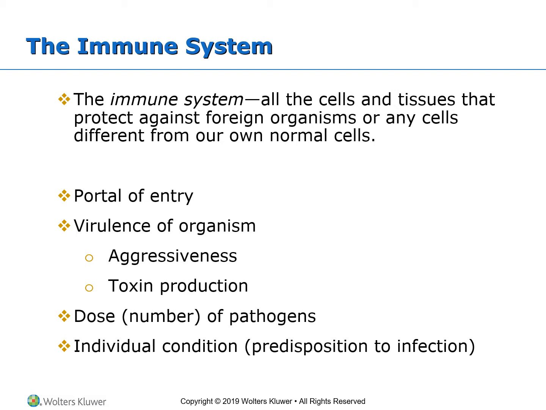Another element that is essential for understanding infections and the development of them is what we call the virulence of an organism, or the power of that organism to overcome the host defense. So we have two elements in here. We have what is called aggressiveness, and that's the power of invasion that the microorganism may have.